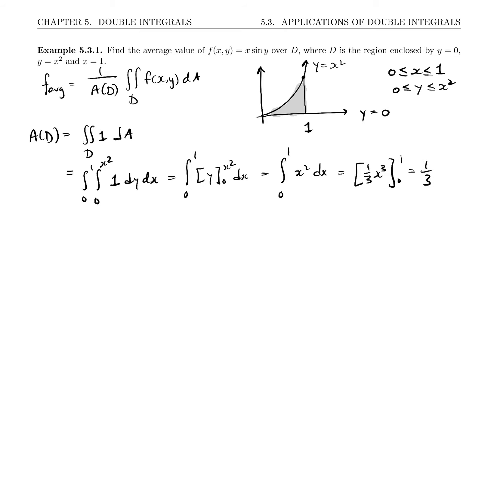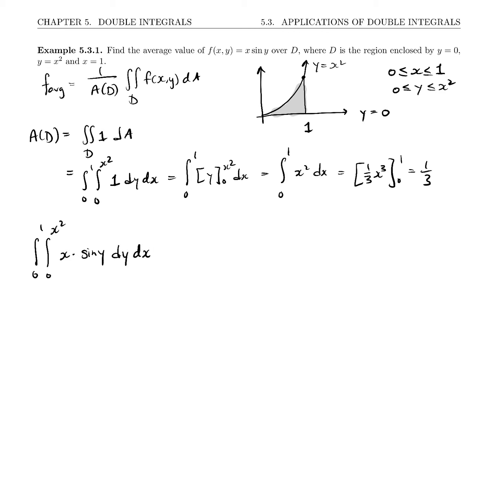So there's the area. Now that is going to be our denominator, so now we have to do the double integral of our function over this same region. So we'll take the same bounds: the integral from 0 to 1, the integral from 0 to x squared of x times sine y dy dx.